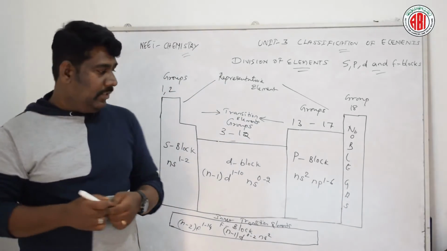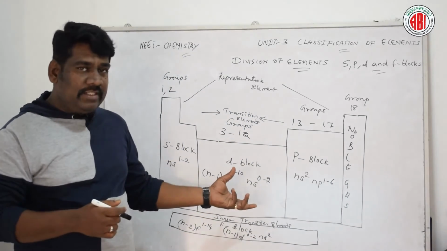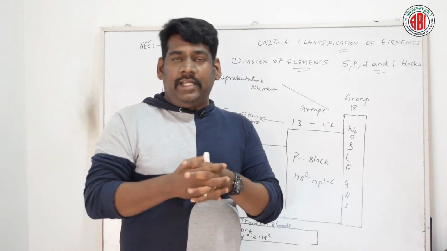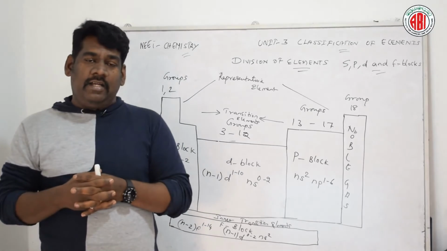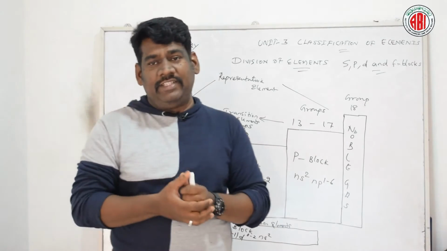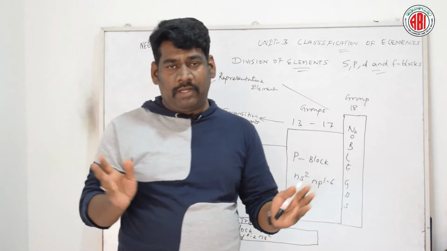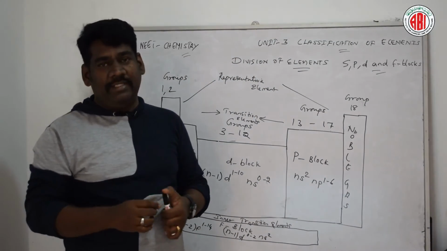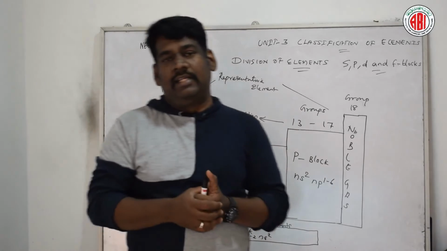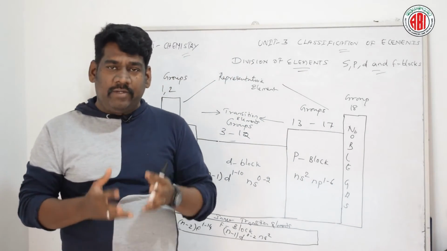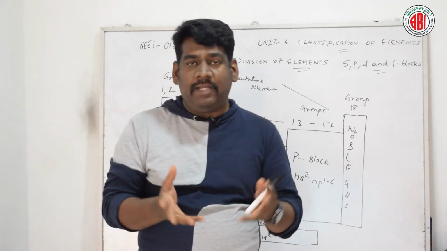Now let us talk about the general characteristic features of the d block elements. These elements are metals and have high melting and boiling points compared to the other two blocks. Most of the elements form colored compounds, and they have a good tendency to form complex compounds.